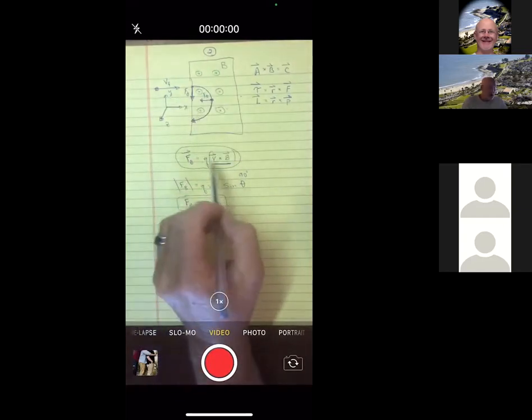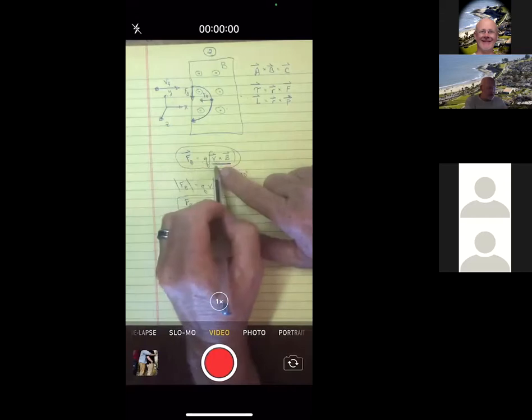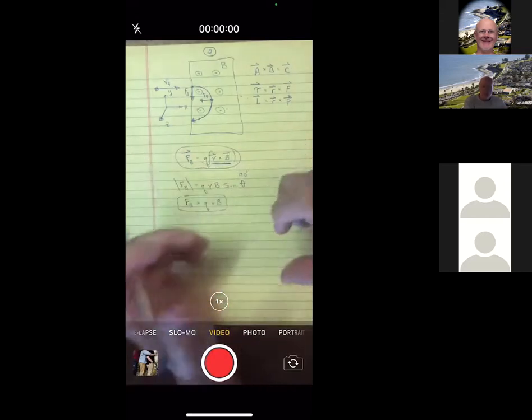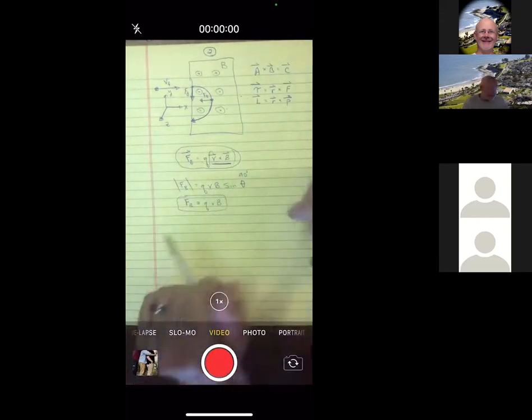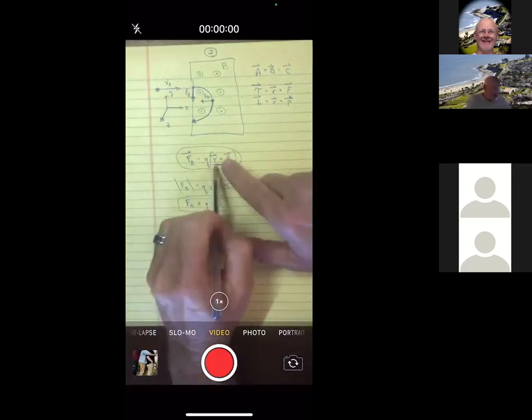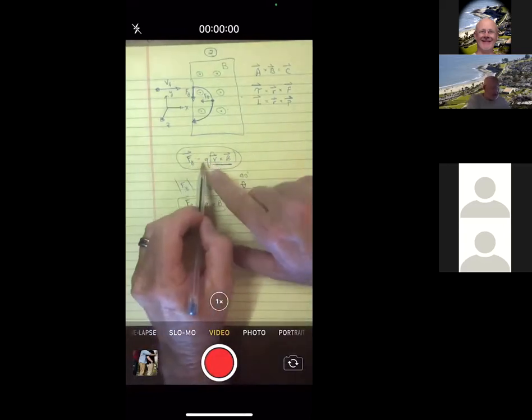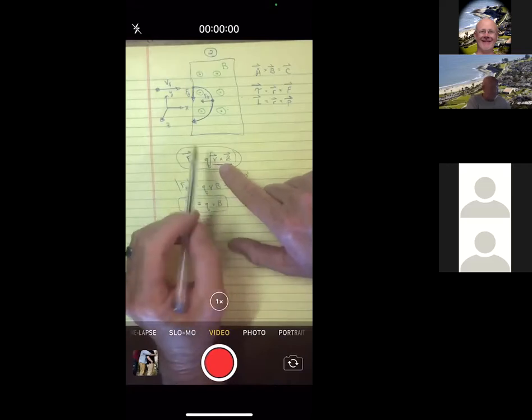So when I write this equation and read the math, if I can use that phrase, reading this math tells me that the magnetic force is always perpendicular to the velocity.